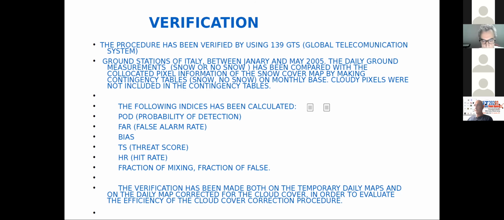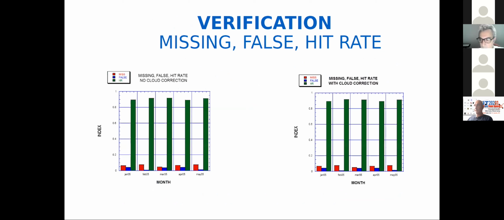Can we see also the next? On the right there is the daily map verification with cloud correction, on the left, without cloud correction. The indices on the right and the left are equal. That means that the cloud correction procedure maintains the same performance, but it gives us 10% more information.